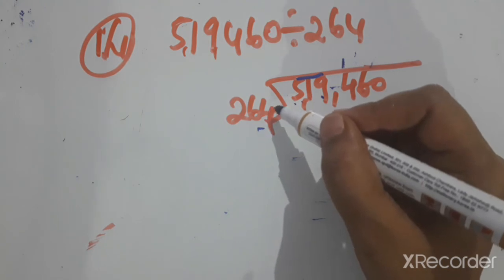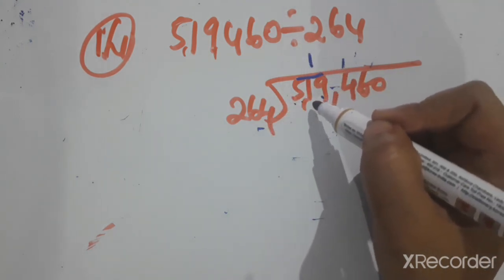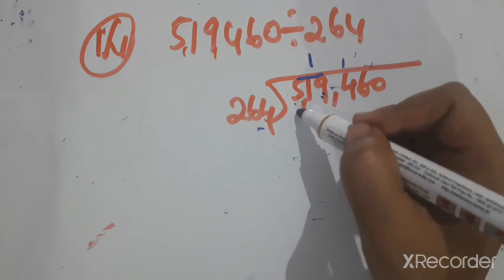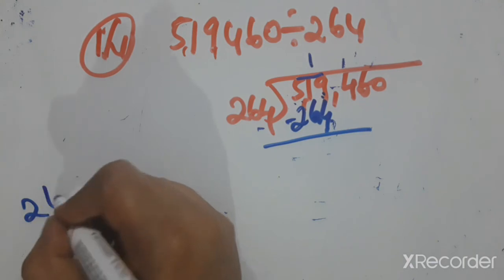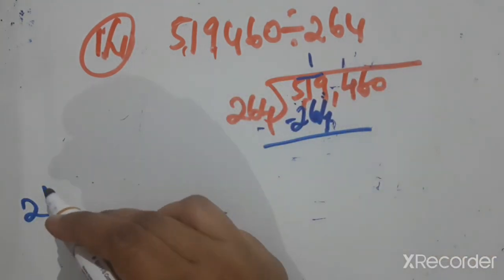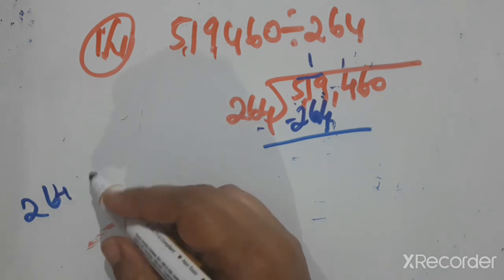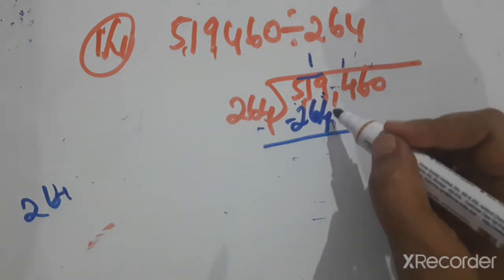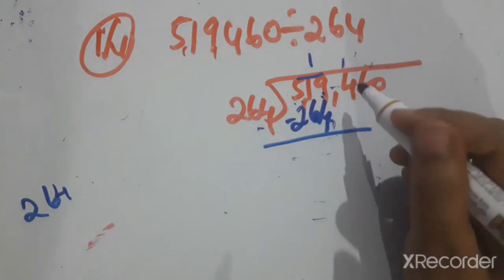So which is a nearer one? 264 2s is greater than 519, so nearer is 264 ones. Multiply and check, children. So the only option is we have to multiply and check, otherwise write the 264 table from 1 to 5. For 3 or 4 digits, at each step you can multiply and check.